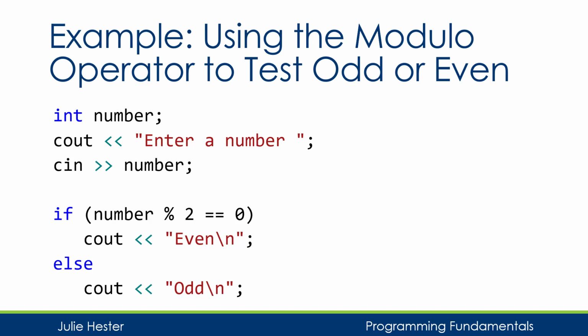And so I'm going to compare the result of that modulo operation, number mod 2, to the value of 0. And if I had no remainder, that will be true, and I will display even. But if it were a number like 5, 5 mod 2 has a remainder of 1, that expression would be false, and now I would display odd.